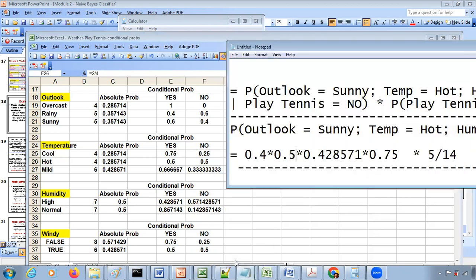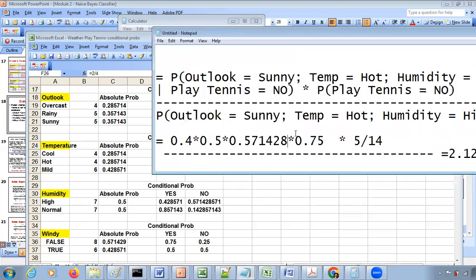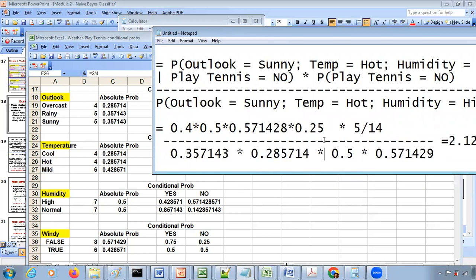Then humidity is high, 1 minus this for class no, so that's going to be 0.571428. Then windy equals false for class no is 1 minus this. It's going to be 0.25. And 5 over 14, that's also 1 minus 9 over 14.